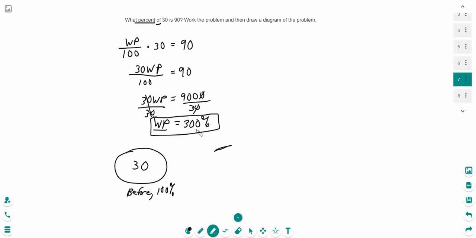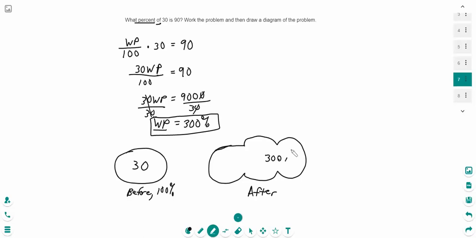So if you want to get kind of creative here, you could even show this, and I think they do this in your book, as kind of a threesome bubble, just to indicate that, hey, we really grew this. Now, you wouldn't need to. A double bubble is fine, but hey, why not? It's 3 times as large. Let's go with a 3 times bubble. Okay, so this is the after bubble, and we grew it up to 300%. 300% of the original number.